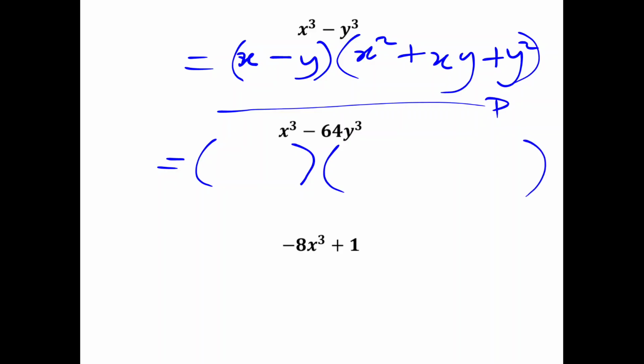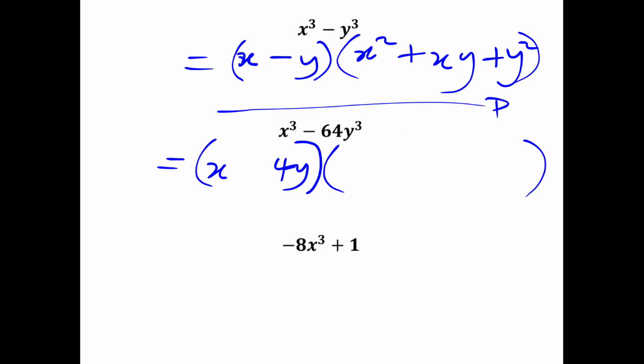Now, as for the binomial, we have x for the x cubed when you take the cube root, and then we have 4y for the 64y cubed.